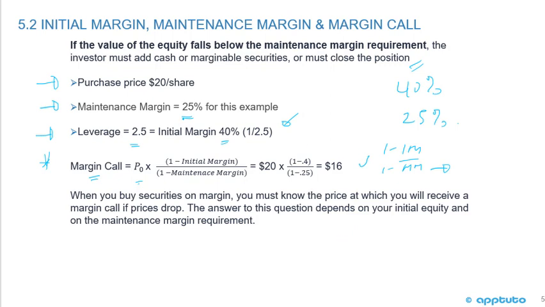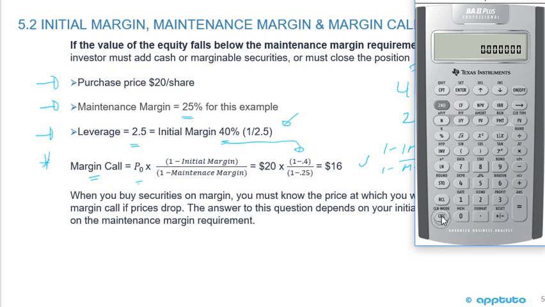As we said, if they give you the leverage ratio, you need to know what that percentage is, and that's easy. It's just 1 divided by the leverage multiplier, okay? So in this case, I can do the math in my head: 1 minus 0.4 is 0.6, divided by 0.75, okay? And I'm going to multiply that by our initial price of $20, and I'm going to get $16, okay?